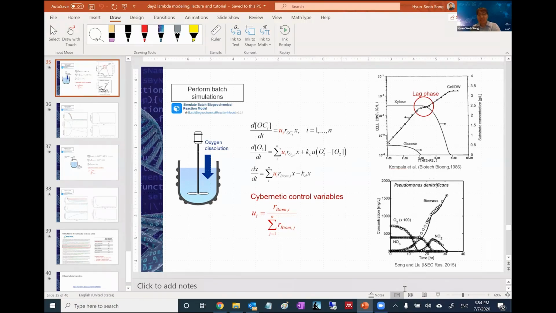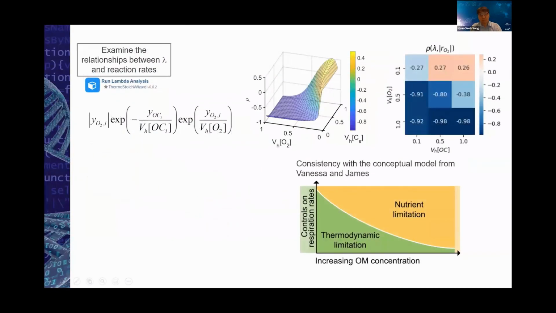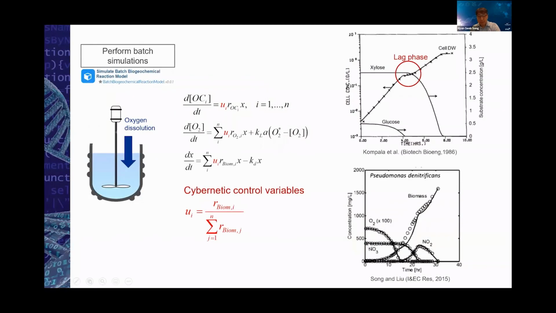Right. So actually, we are in the right place because here you can see that nitrate is there initially, but nitrate is not consumed because of the inhibitory effect of oxygen. This is exactly how the cybernetic control law plays a role. So we don't have to account for the inhibition kinetically.